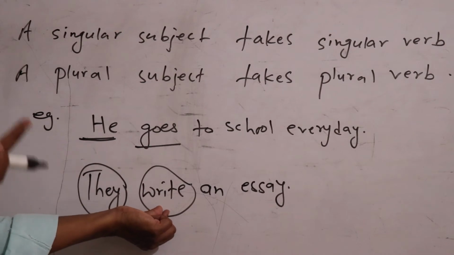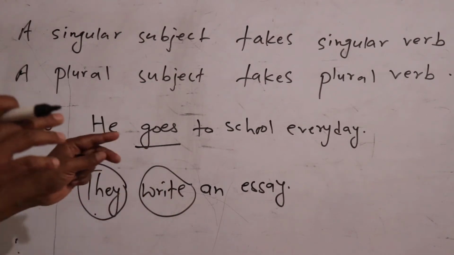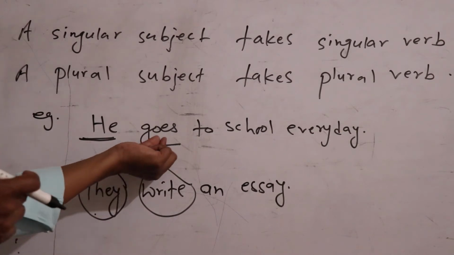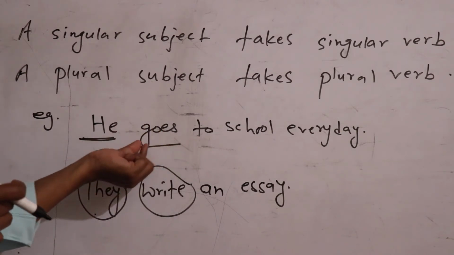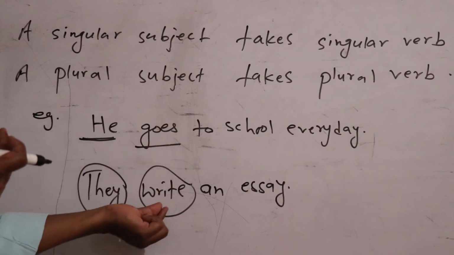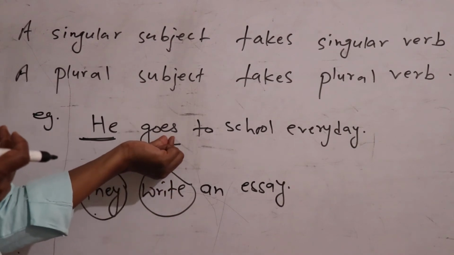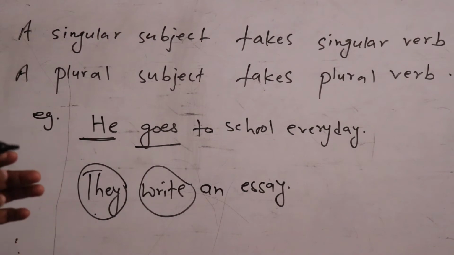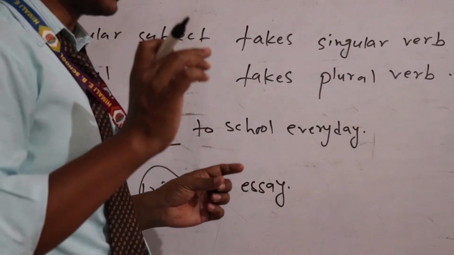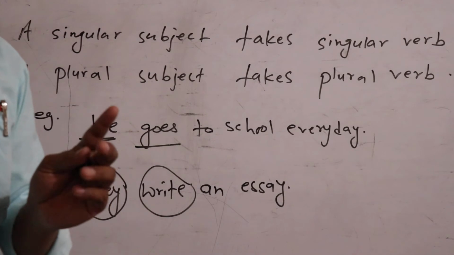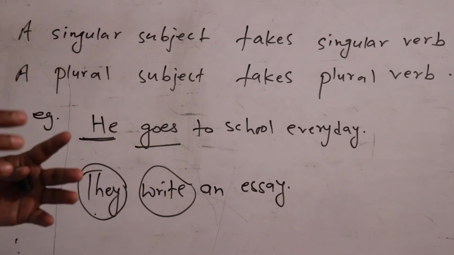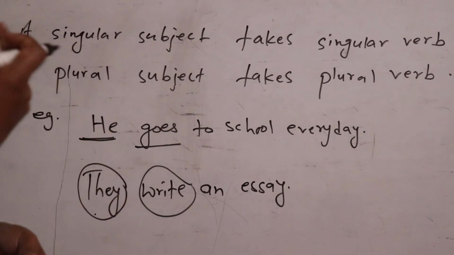It is quite confusing for students how it can be a singular verb and how it can be a plural verb, because there is s and es. But one thing we have to remember in English grammar is that when we add s and es to a noun, it becomes plural. But when we add s and es to a verb, it becomes singular.